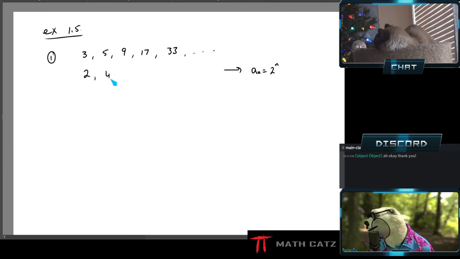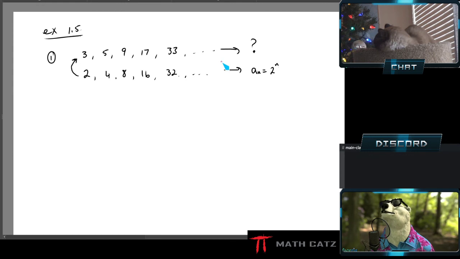It's 2, 4, 8, and I'll line them up nicely, 32, and so on. My question is, of course, now what is the link to go from my basic sequence to the given one?